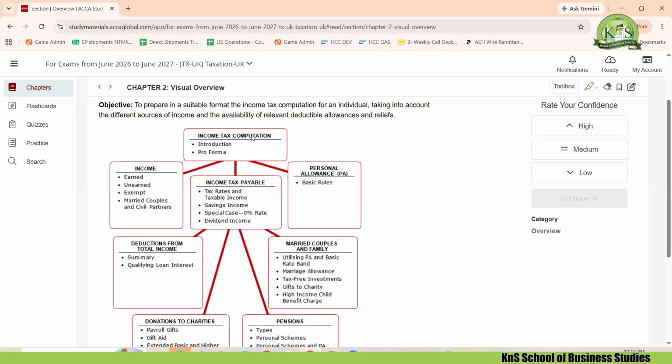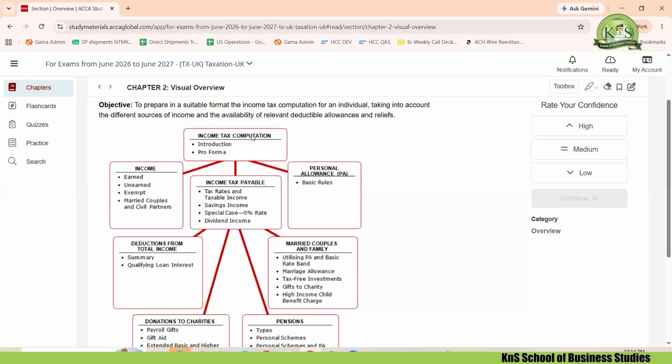Now let's start with another concept. There are many sources of income. The one who said she is doing a job may be getting employment income. If I don't do any job and I do my business, I'm earning self-employment income.